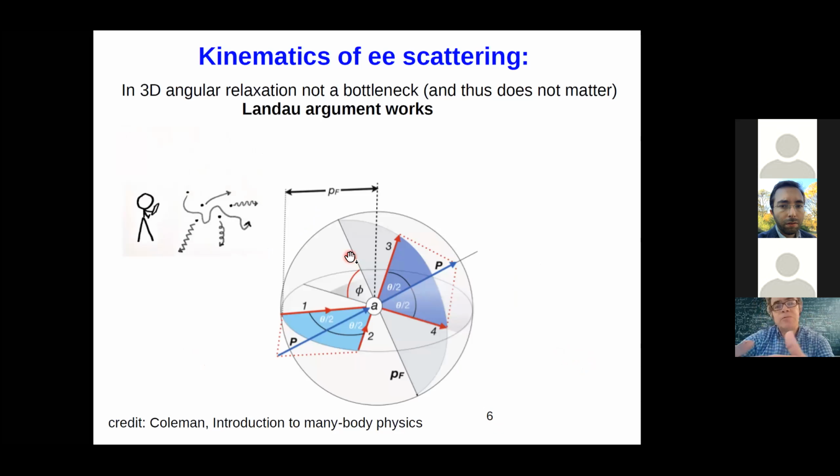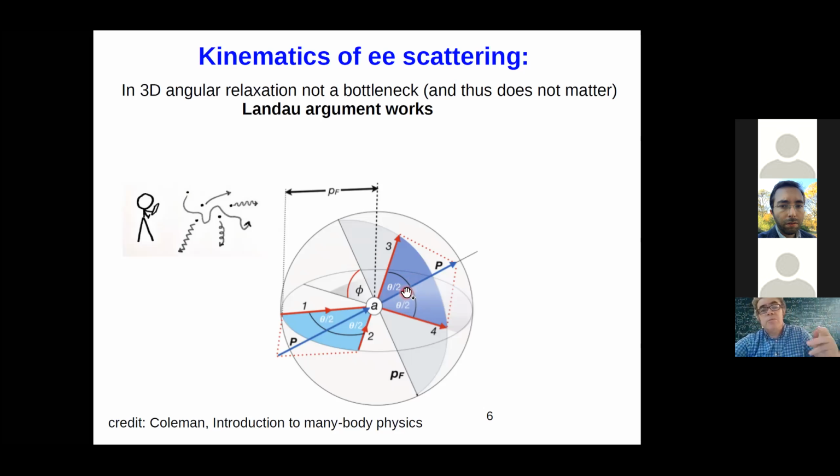And that phase volume that constrains energy does not have anything to do with momentum conservation. The two-body collisions are both energy conserving and momentum conserving, but when we think about this Landau phase volume argument, we don't think about momentum conservation at all. The reason is that in 3 dimensions, even though momentum is conserved, it does not restrict phase space.